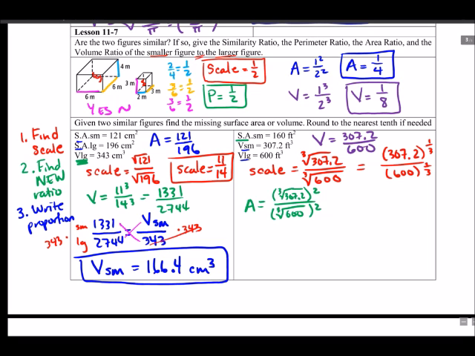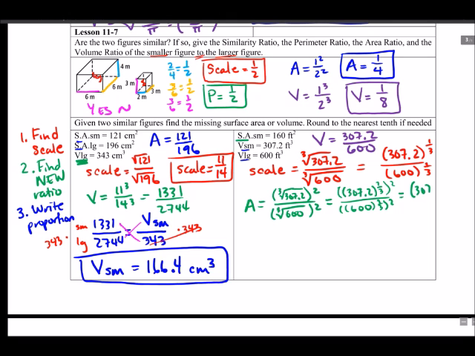Your calculator knows what to do with that. You can put it in exactly like that. Or we can use our exponents and do 307.2 to the 1/3 and square it. Same way with our 600 to the 1/3 and square it. And a power to a power, you multiply.